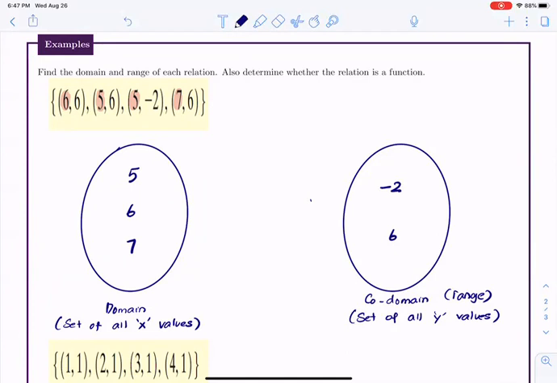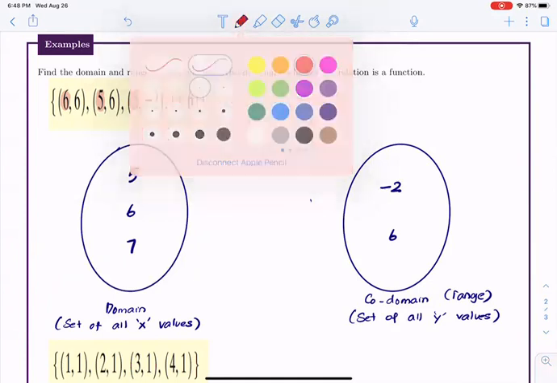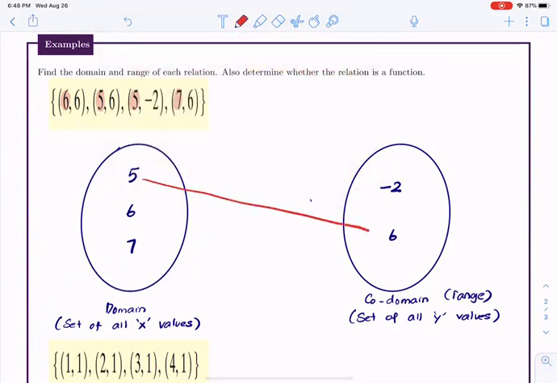So I could draw the lines like we did previously. Perhaps I'll draw a proper line this time. So 5 gets mapped to 6. 5 also gets mapped to -2.